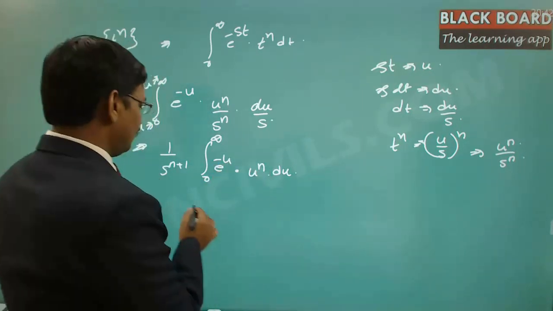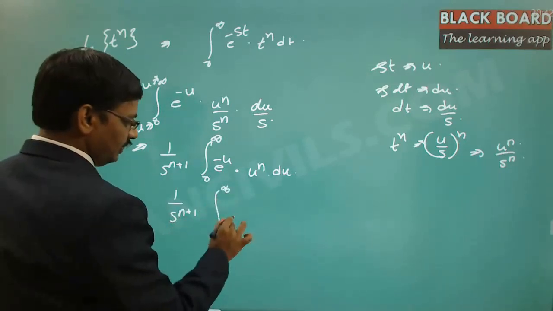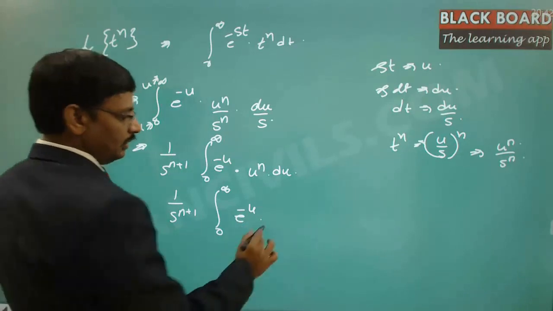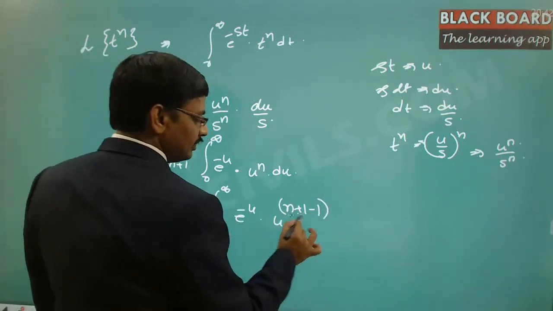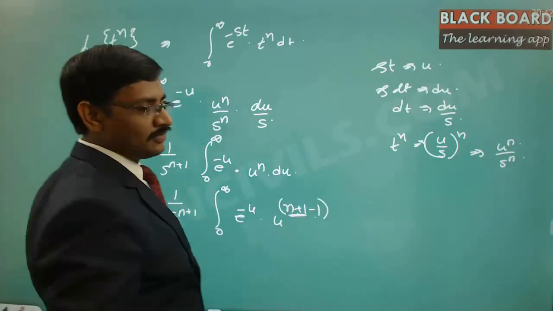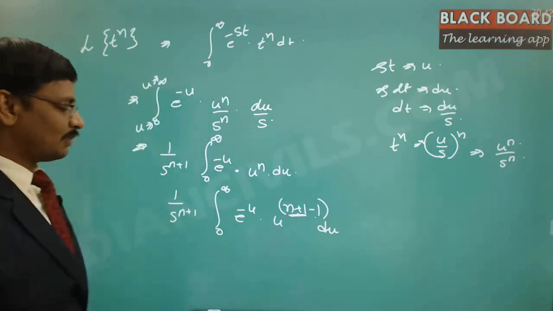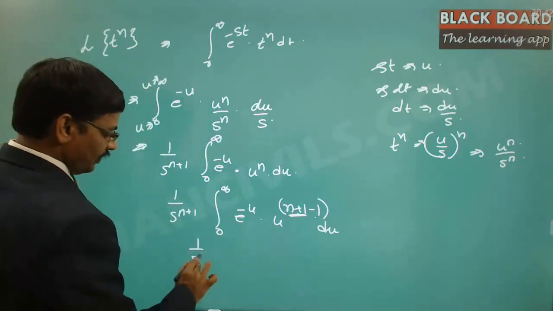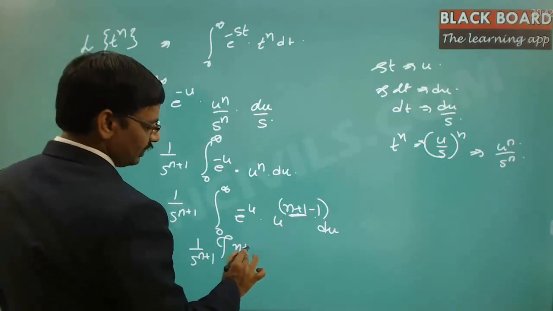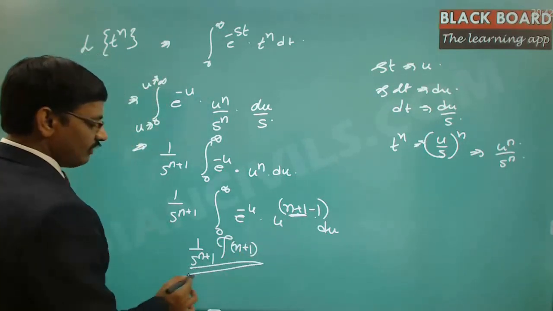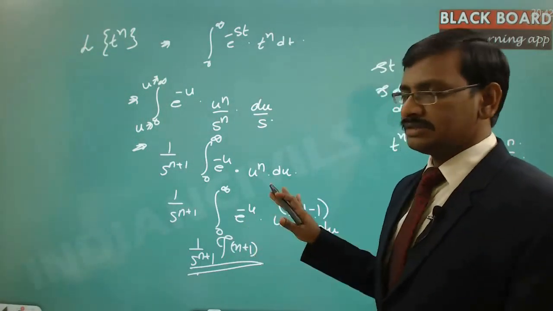So this is 1 by s power n plus 1, integral 0 to infinity e power minus u into u power n plus 1 minus 1, because we have to take care of this minus 1 in the case of gamma functions. Hence this can be expressed as 1 by s power n plus 1 times gamma of n plus 1. So this is the value of the Laplace transform of t power n in the standard format.